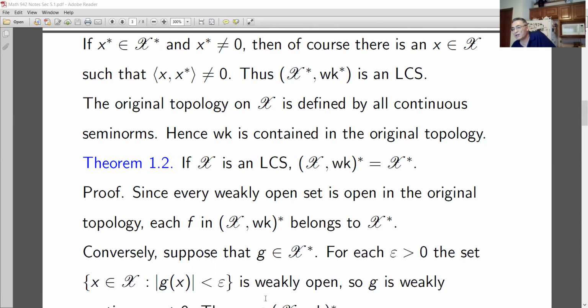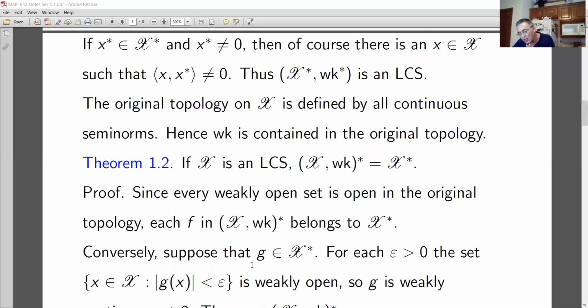It is weakly open because the weak topology is defined in terms of seminorms, and the absolute value of G is such a seminorm.